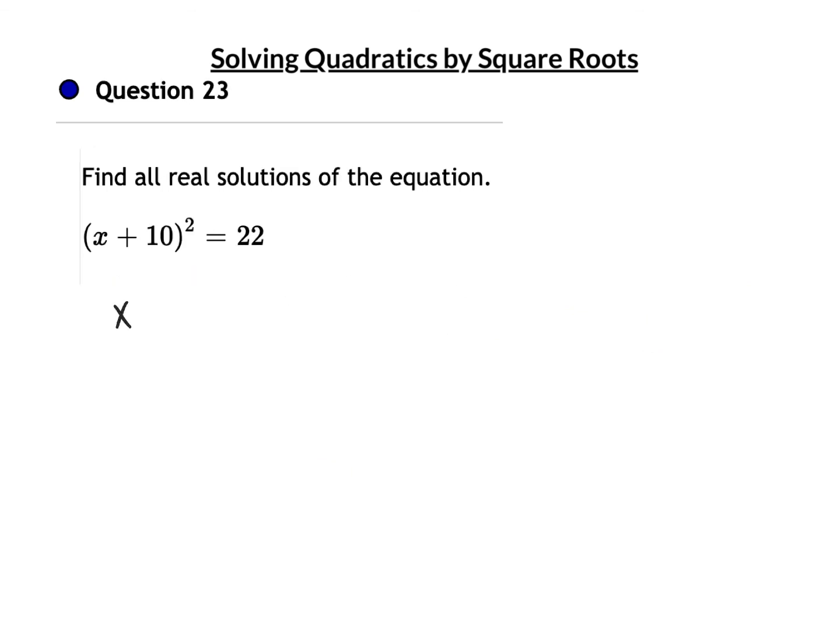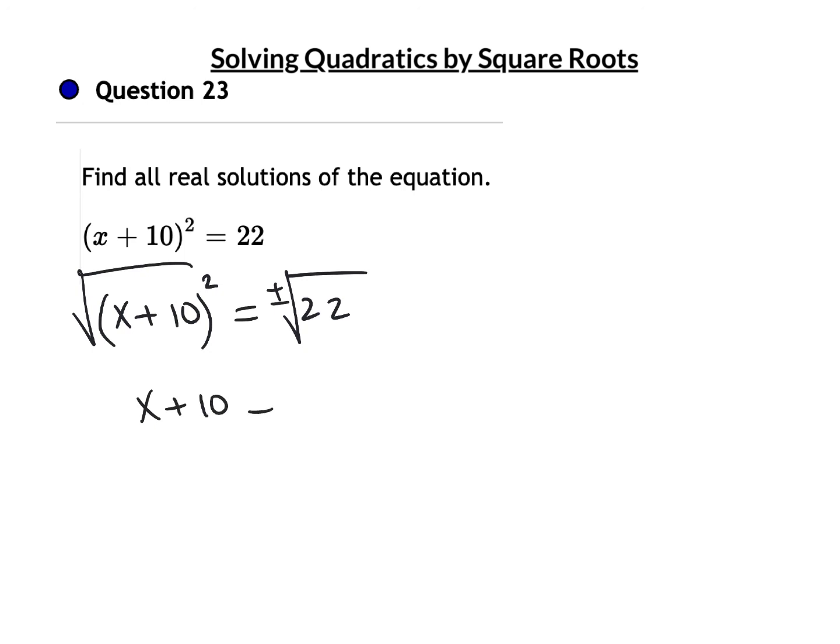Question 23. X plus 10 quantity squared equals 22. Let's square root both sides and put our plus or minus over there. You get x plus 10 equals plus or minus root 22. The square root of 22 cannot be simplified. It's 2 times 11. There are no perfect squares in there.